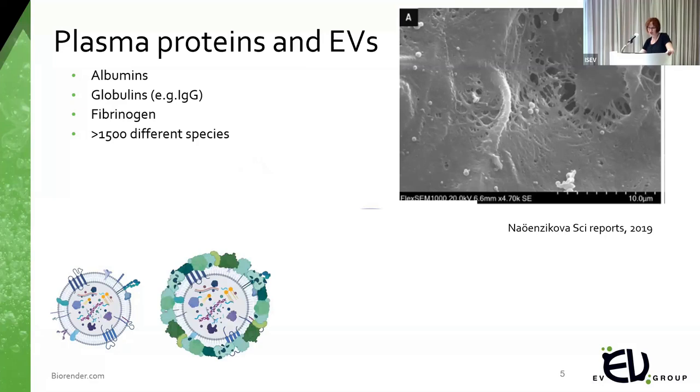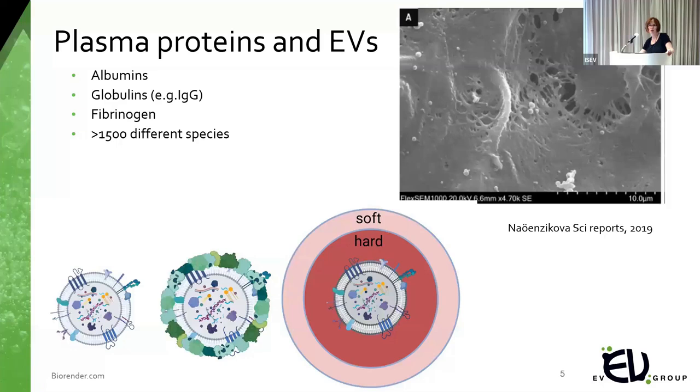What we are learning to understand more and more, and this comes from nanoparticle studies on the pharmaceutical side, or nanoparticle studies in blood, is that the corona can be divided into a hard part and a soft part. What this means is how accessible those proteins are for exchange in different environments.